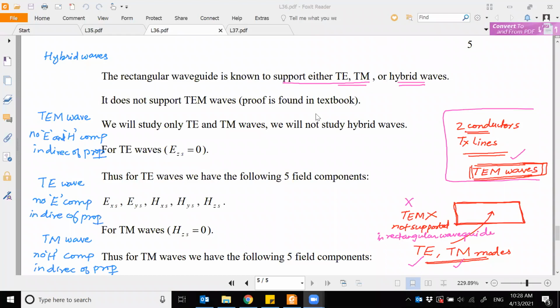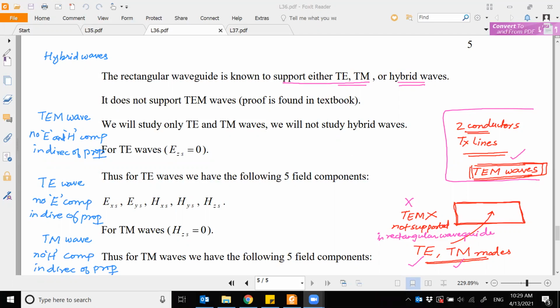So for the hybrid waves, what would be the case, Mr. Mohammad Al-Humaydan? Both, yes, this is the case.